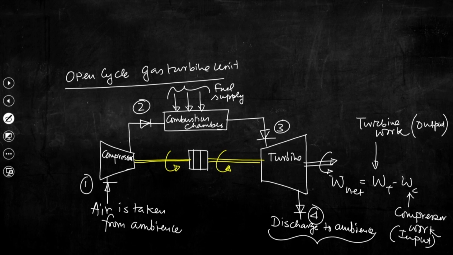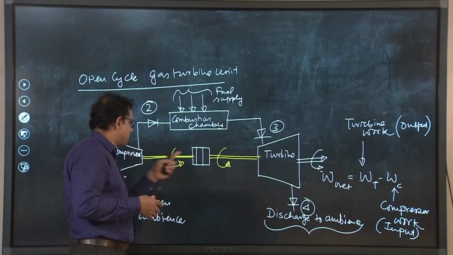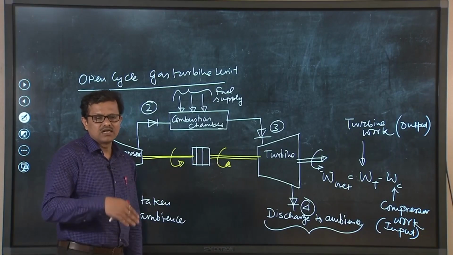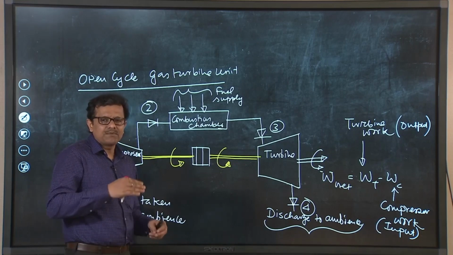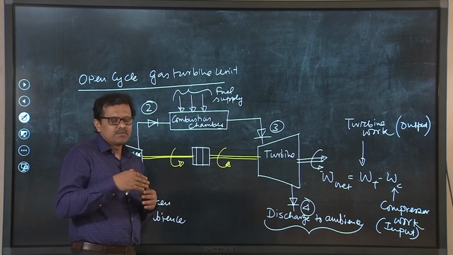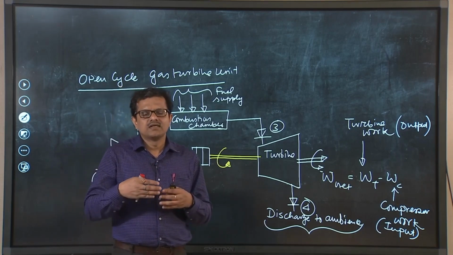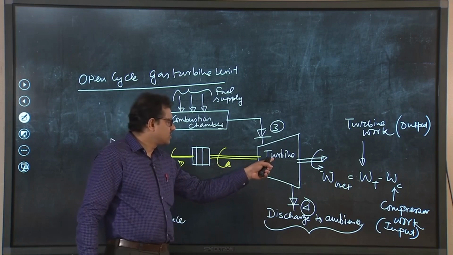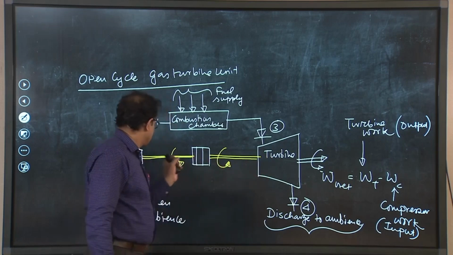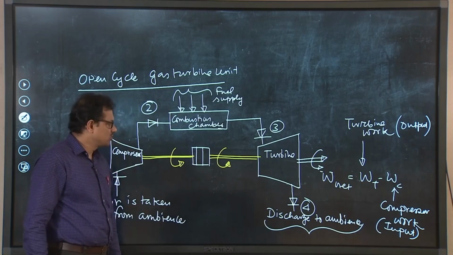Air that will be drawn into the compressor from the ambience, it is very likely that foreign particles will also enter with the air stream, and those foreign particles will interact with the turbine blades as well as the compressor rotor. So, what will happen, those particles may create problematic issues essentially for the turbine blades and also the compressor rotor.